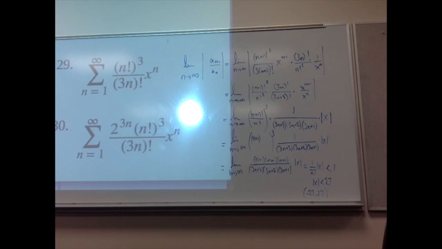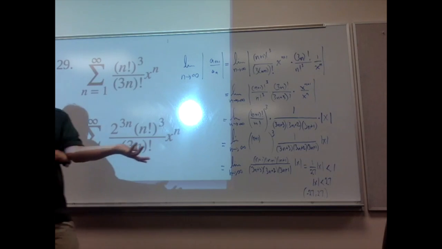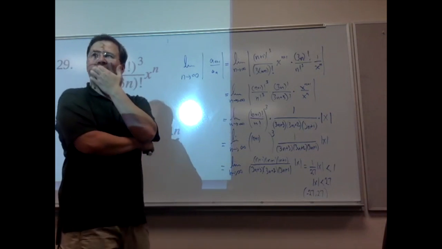Anyway, I'm just relying on my wits now. I'm not sure. What's the best way to handle this? The ratio test obviously won't help us because we know we're going to get 1.